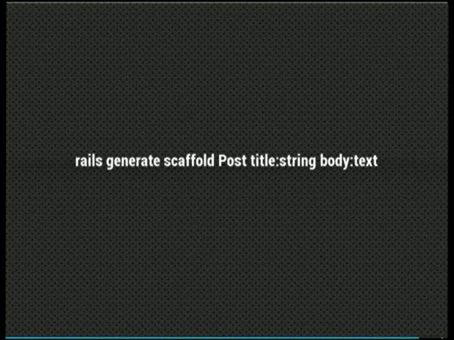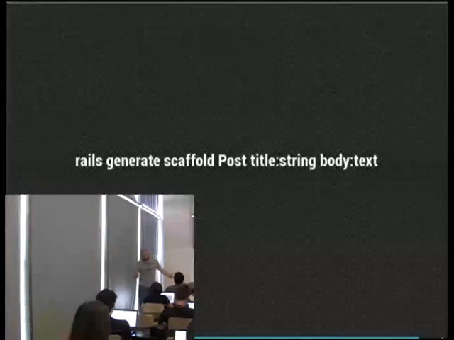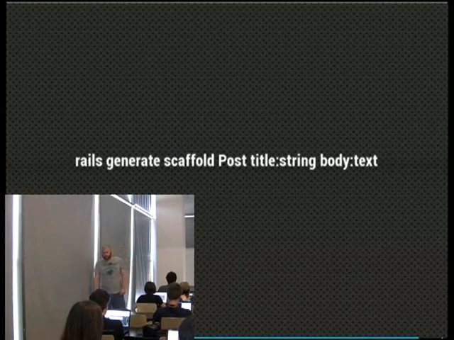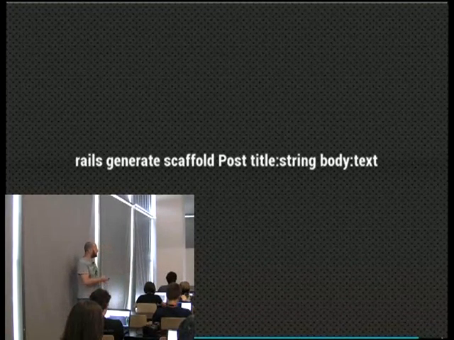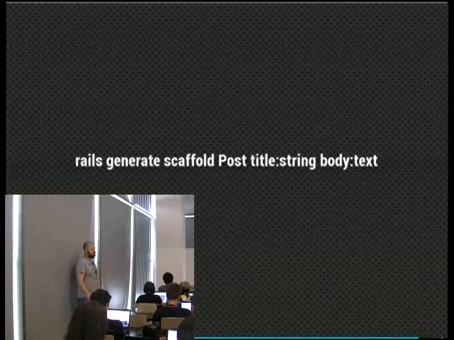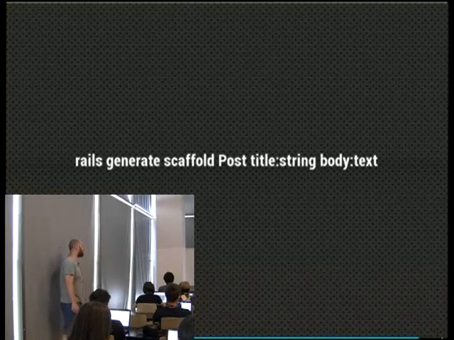So you can call Rails generate scaffold. I use post because maybe our app is a blog, so we have posts, and they have a title, which is a string, and a body, which is a text. So generate that.